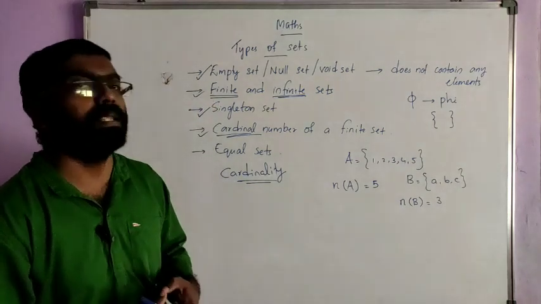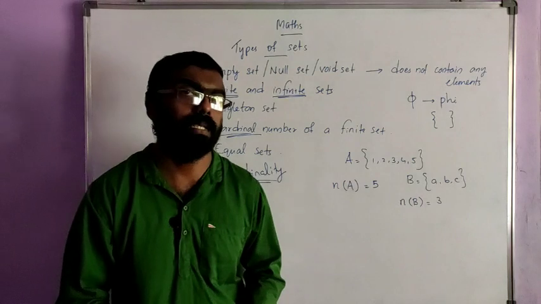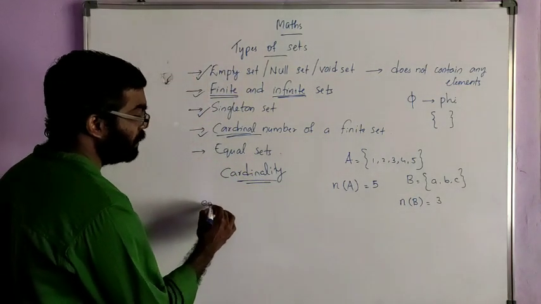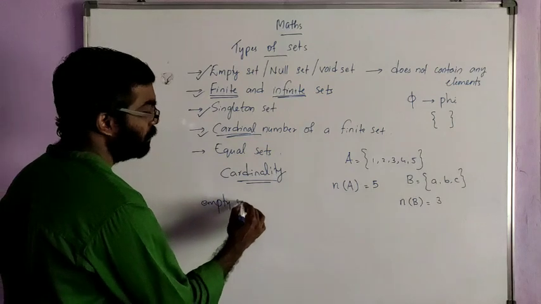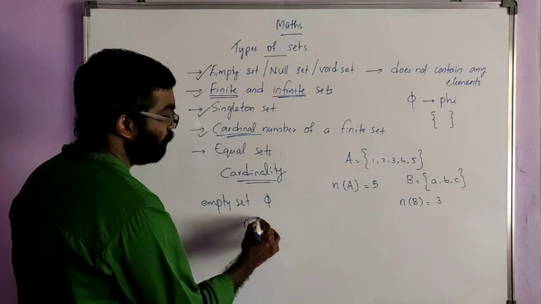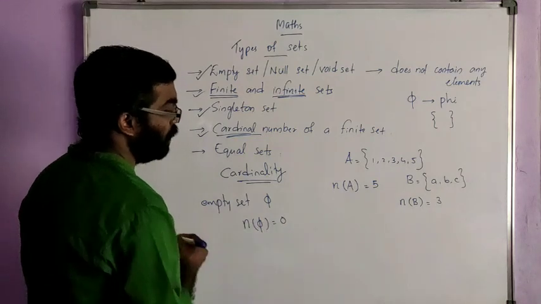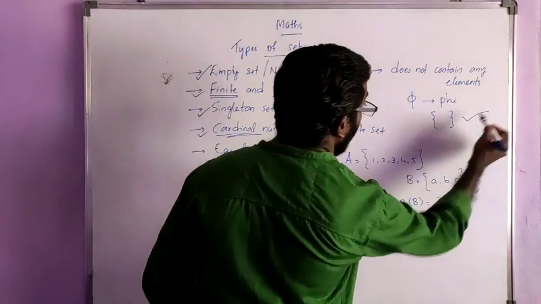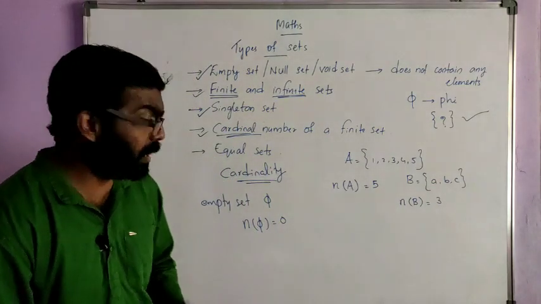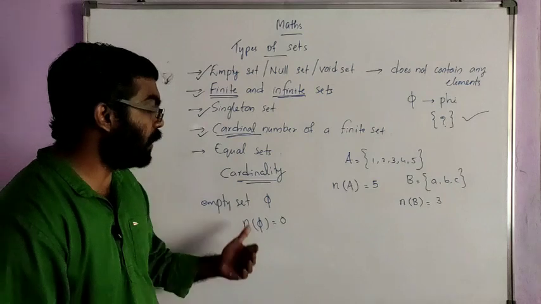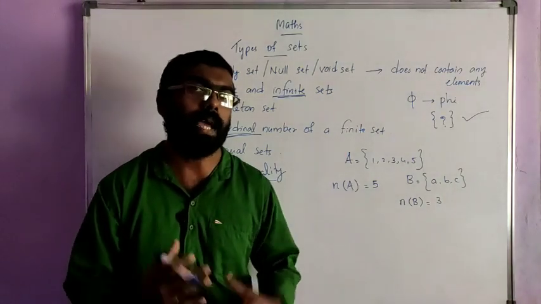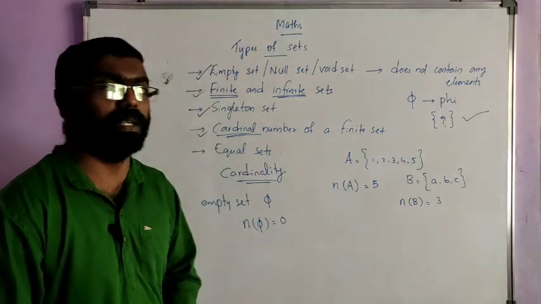If the set is the empty set, then the cardinality n of the empty set will be equal to 0, since the set contains no elements. There are no elements in an empty set, so we write n(empty set) = 0. The cardinality of an empty set is always 0.